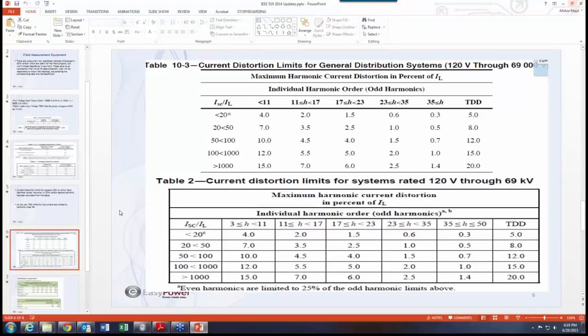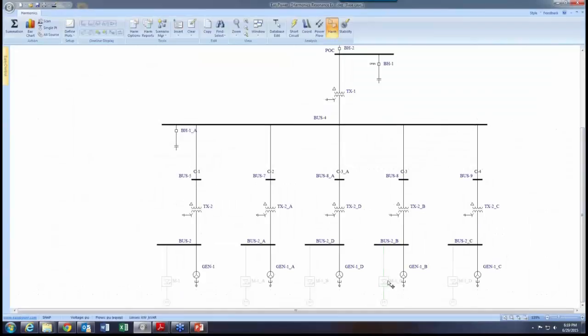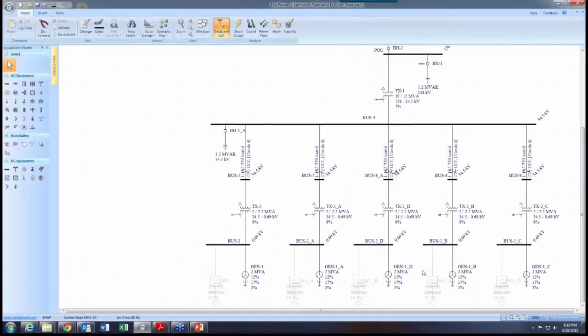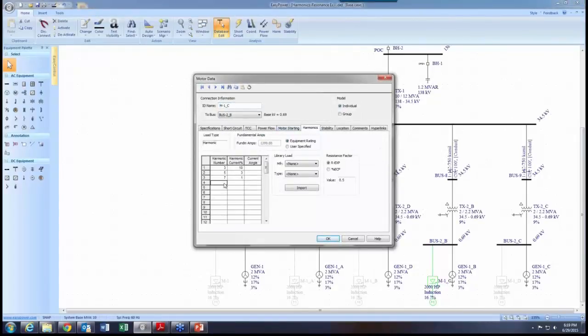So if you go to EasyPower here and define a harmonic source, let's say this one, and activate it. You go to harmonic sources, you define these values all the way up to 9, 11, 13, 15, and it goes all the way to 50, 53. You can do that, and the engine calculates it.